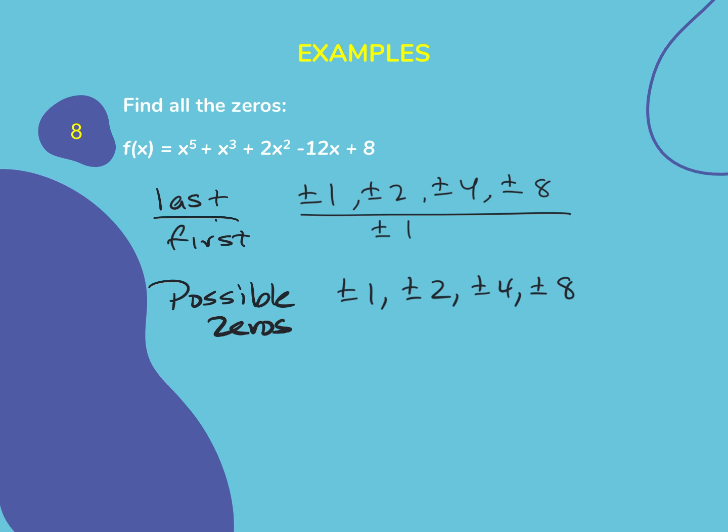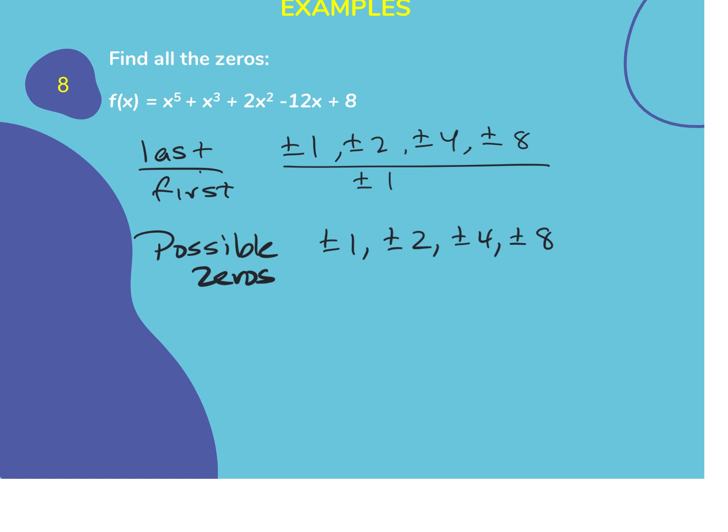So again, if you're not using a graphing utility, you're going to guess and test until you find the one that works. If you're using a graphing utility, go ahead and key it in, find one rational zero, and do the synthetic with that rational zero. I'm going to go ahead and do synthetic with 1. Now remember, you need to make sure that you account for every single term.